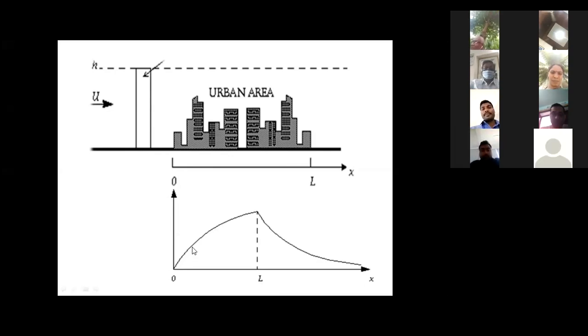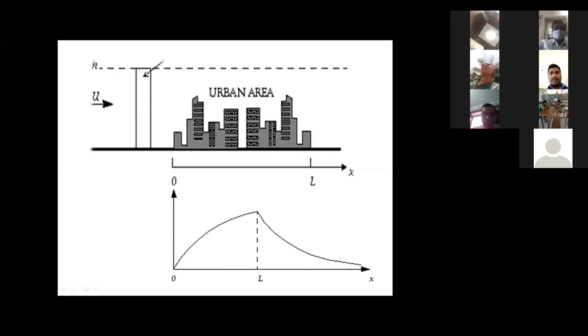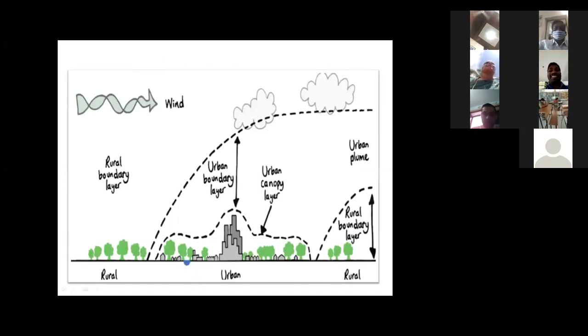So they gradually increase, and beyond L there will be no emission here, so they gradually decrease. And this goes in the direction of the rural areas, etc. So in other words, it is just like this.